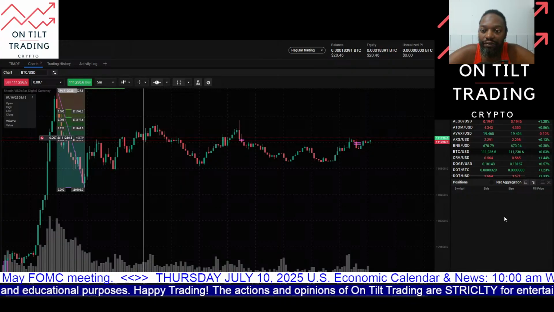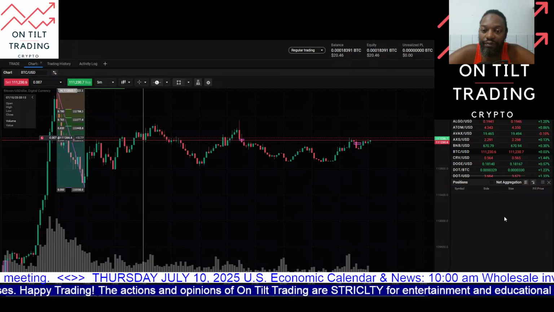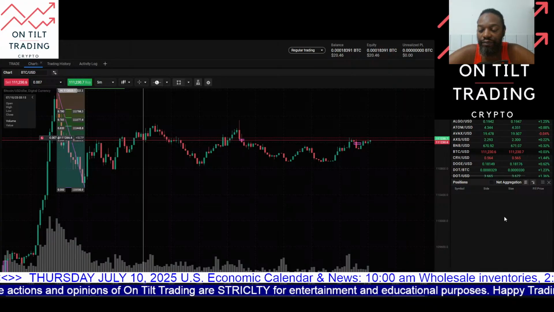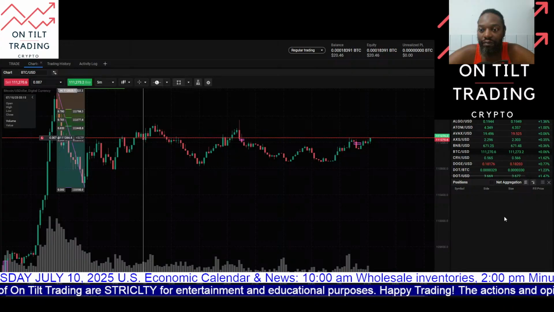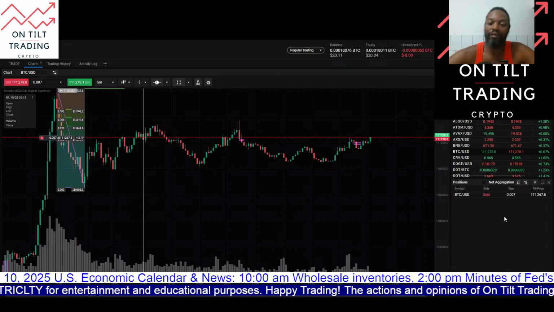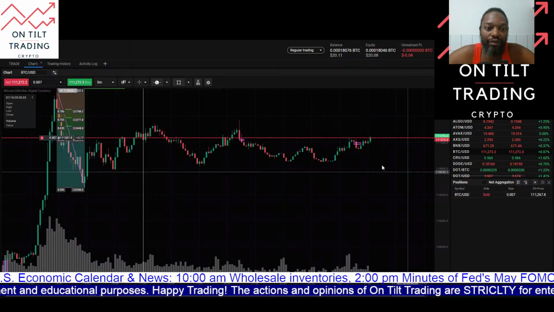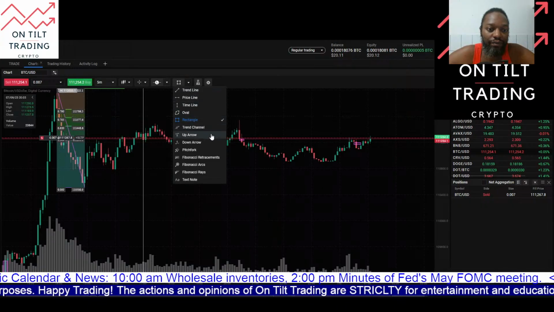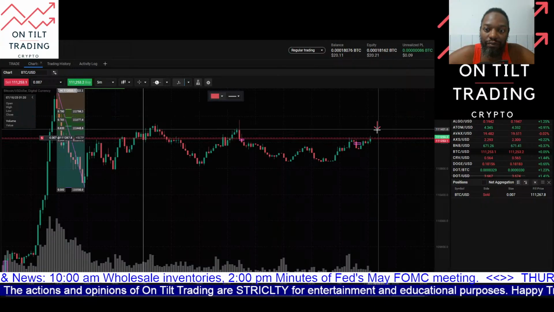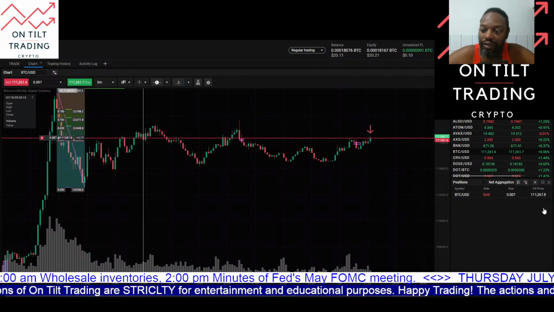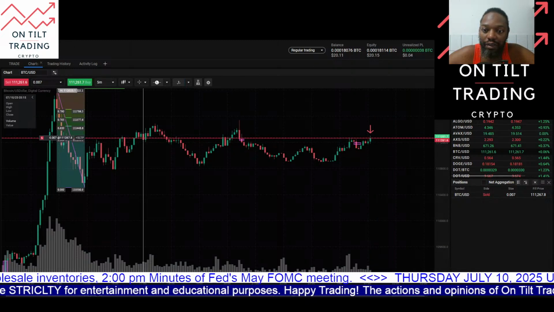More buy side delivery. Consolidation, buy side, and limit order entry triggered, and liquidity swept here.